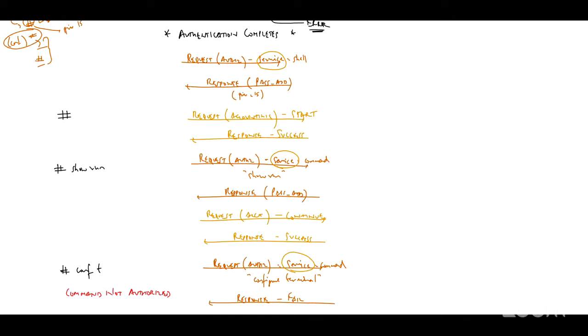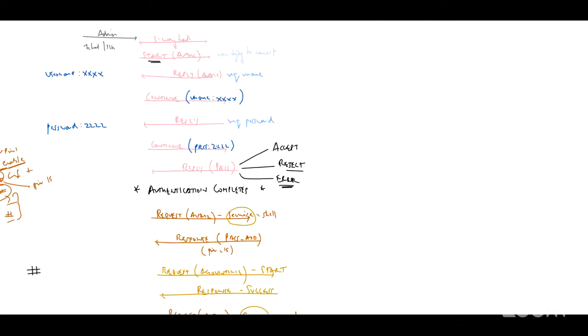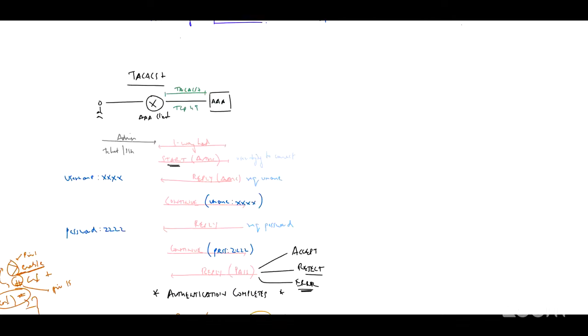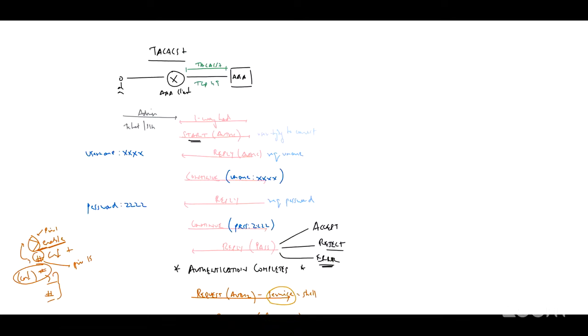Now if we talk about radius, or see a comparison with respect to how radius would work for network access, maybe for a wired connection, a wireless connection, or remote access VPN, for example, we'll create that same stickman here.